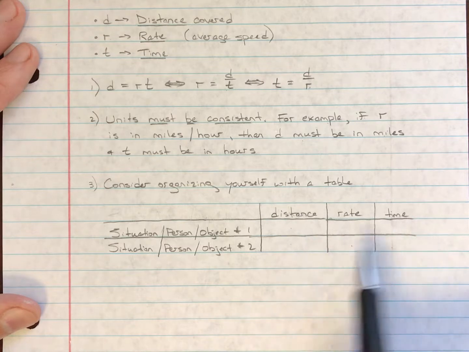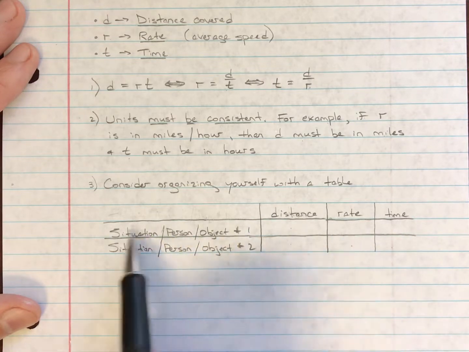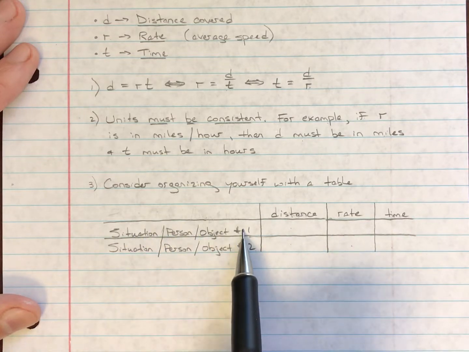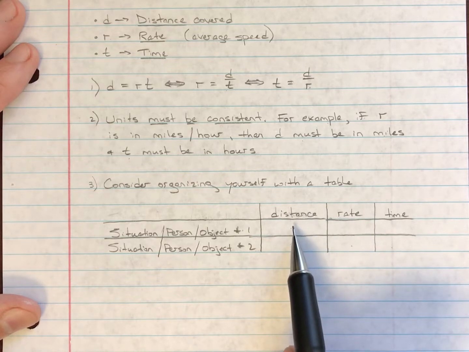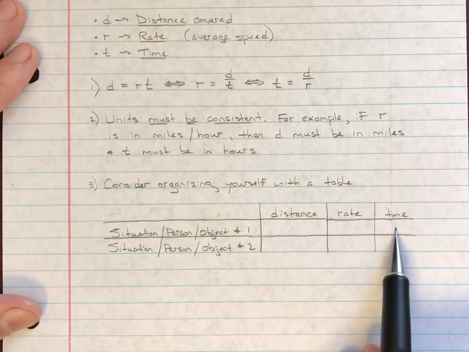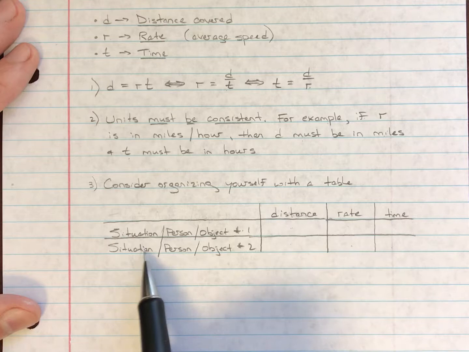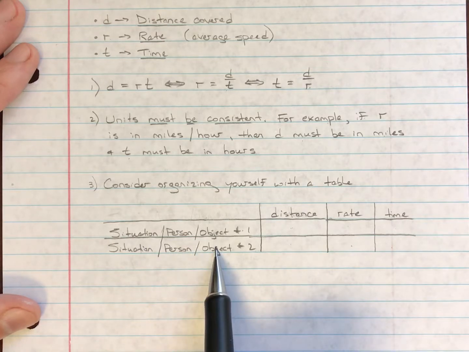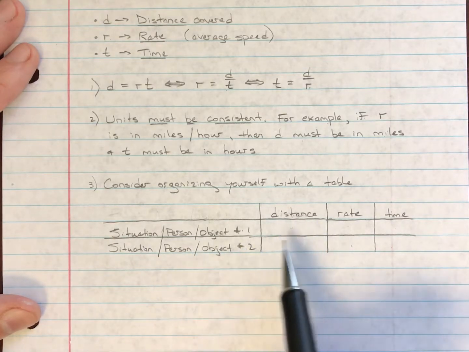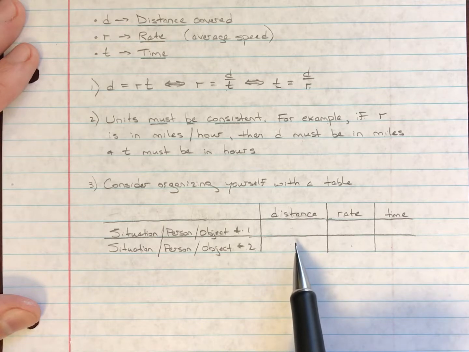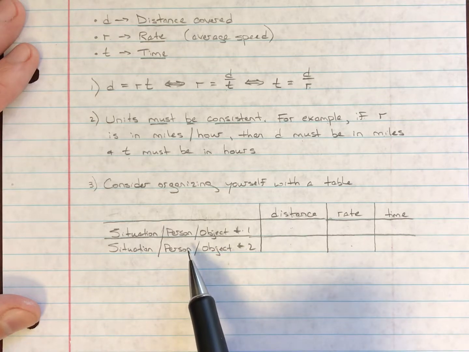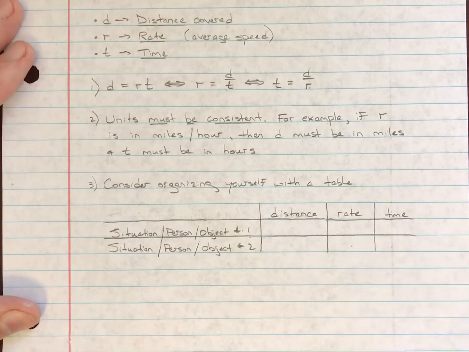Now, they may be equal sometimes, but for situation, person, or object 1, you want to organize that distance, that rate, and that time. And for situation, person, or object 2, you want to organize that person's distance, rate, and time.